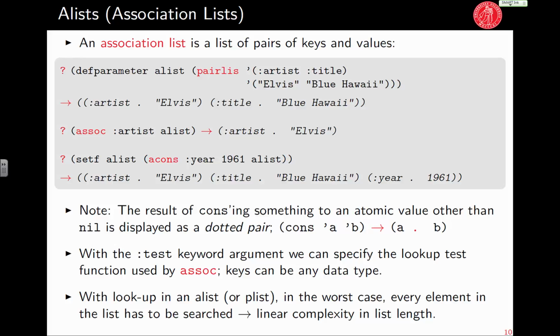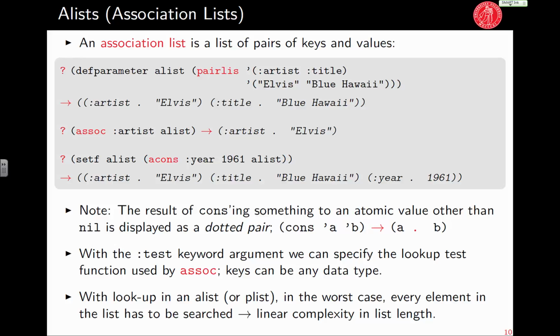So I could say rassoc, the string Elvis in a list, and then I would have to say :test #'equal. That is, give it a comparison that works on strings. And then it would find that same bucket, and that would be effectively a way of looking up by value to the keys. So reverse lookup. It's not something I can usually do in a hash table. So here we see one benefit of A-lists.